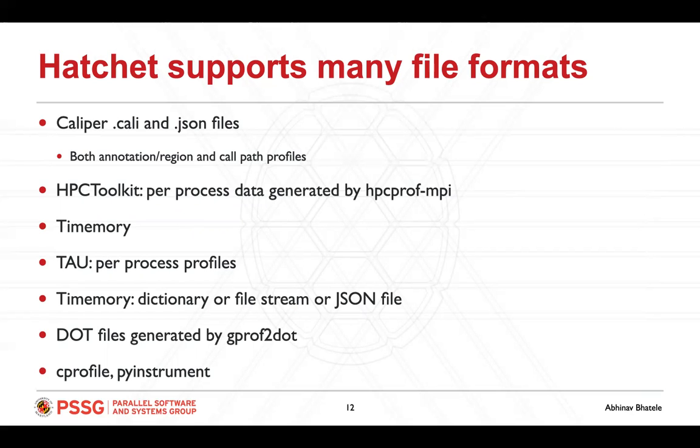We support data generated from Timemory. It can be a dictionary or a file stream or JSON. We also support file formats from TAU and some other tools such as gprof2dot. We also support file formats from Python profilers, so cProfile and PyInstrument. So if you're using that, you can still use Hatchet.